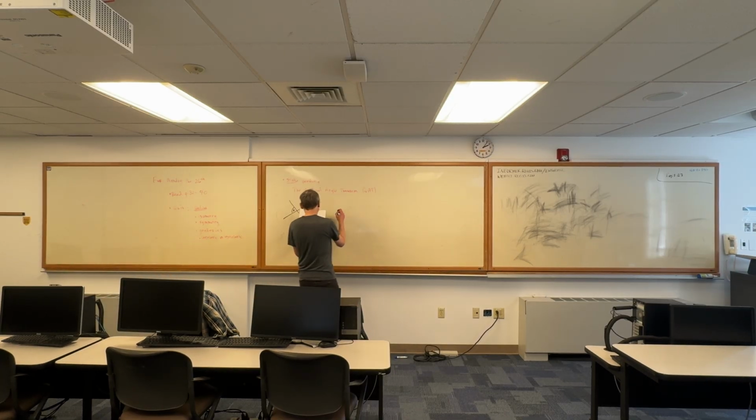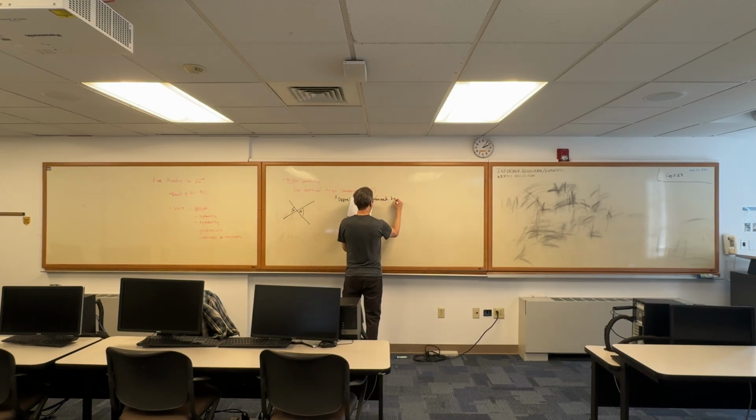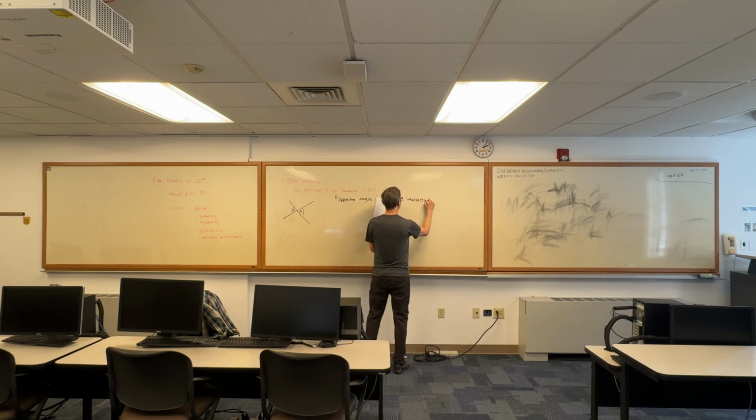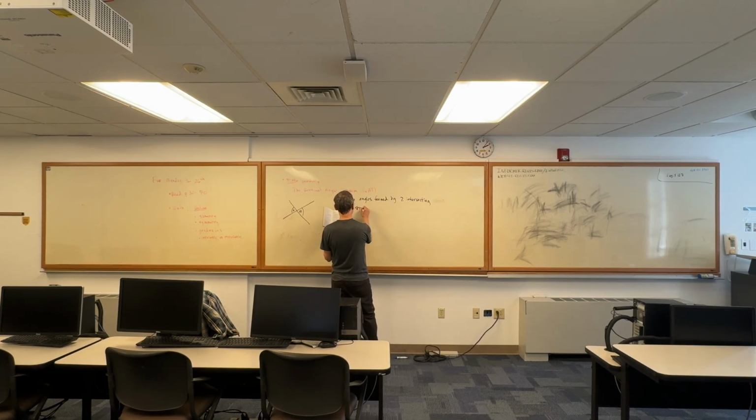So what we will say is, opposite angles formed by 2 intersecting lines, intersecting straight lines are congruent.